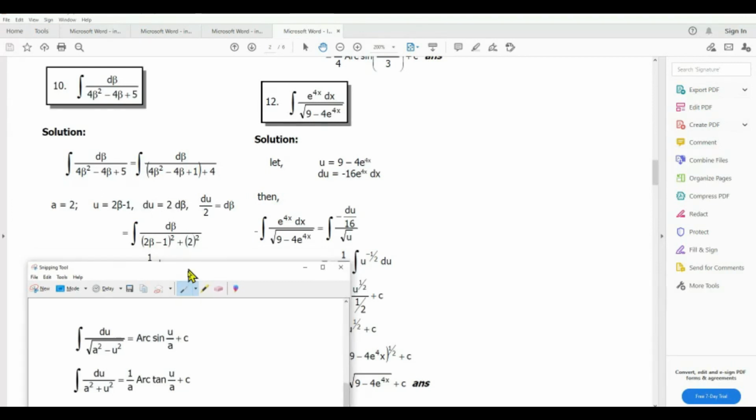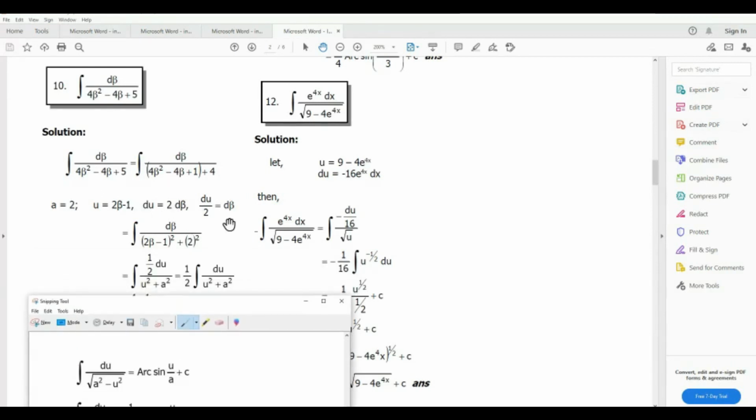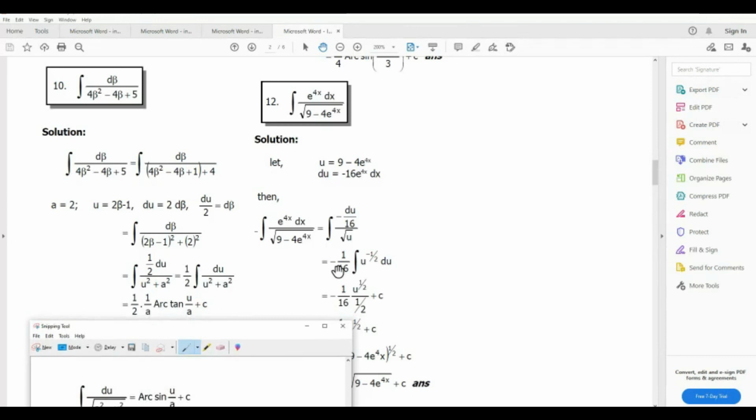Pag sinubstitute mo doon, this will become d beta is equal to du over 2. Ito yon, 1 half, 1 half du. Then this one is u squared, then this one is a squared. So therefore, 1 half integral ng du over u squared plus a squared, or 1 over a arctan u over a plus c.